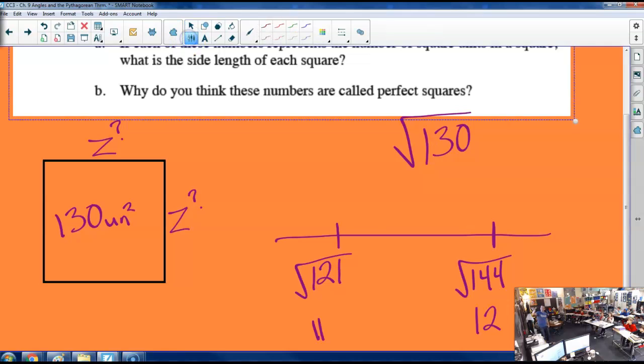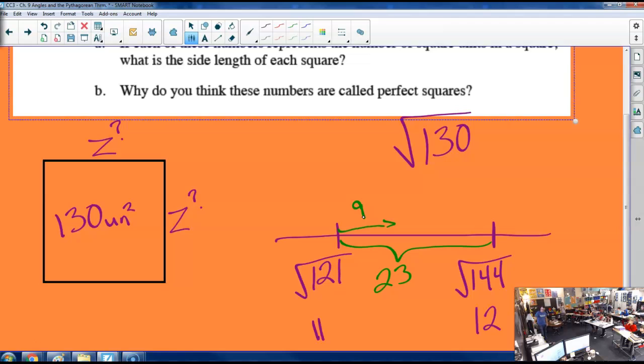So if in here, and everyone should be drawing along with me, is a distance of 23, is radical 130 closer to 121 or 144? 121. So it has gone how much of that distance? 9.